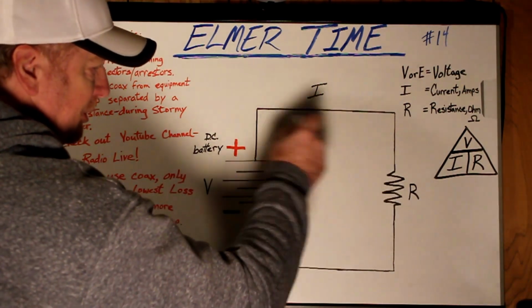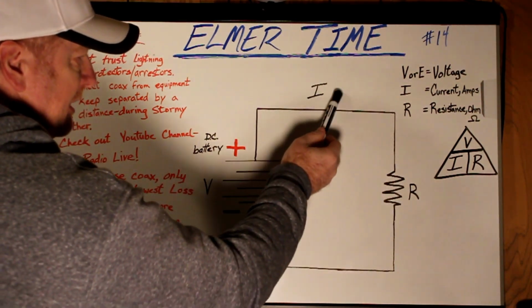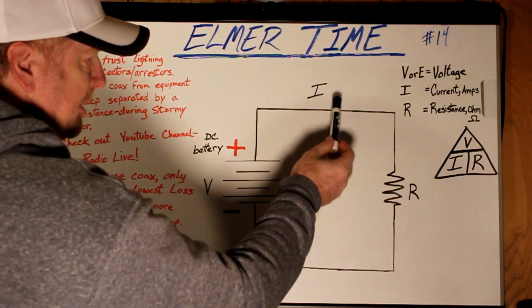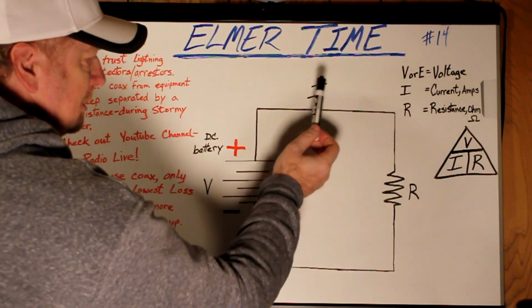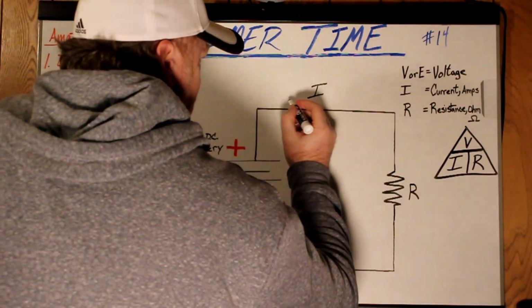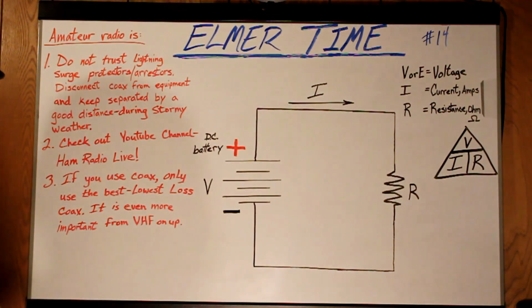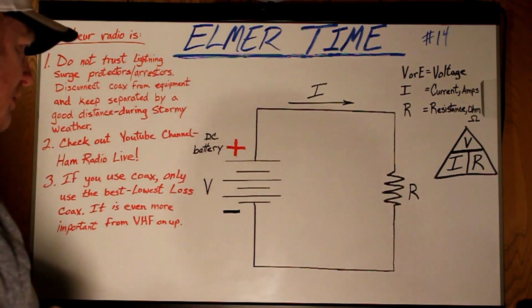And it's just a simple positive to negative with the resistor in the line. Here's the amperage, or current, that we would use for the representation on that.